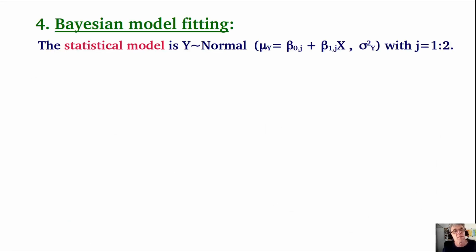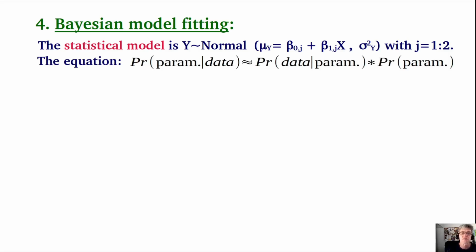Now, for the Bayesian model fitting, let's recall the fundamental statistical model of the analysis of covariance that was explained before. Let's recall again the fundamental equation for parameter estimation in Bayesian statistics, where at the left we have the posterior distribution of the parameters given the data, which is proportional to the likelihood of the data given the parameter values times the prior distribution of the parameters.